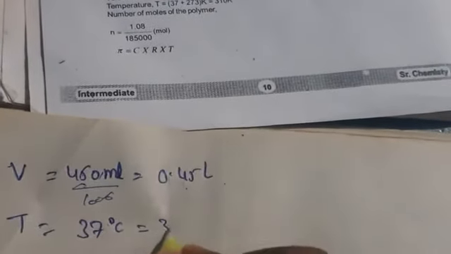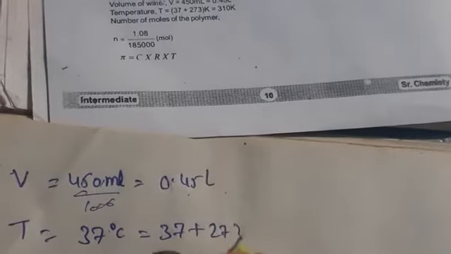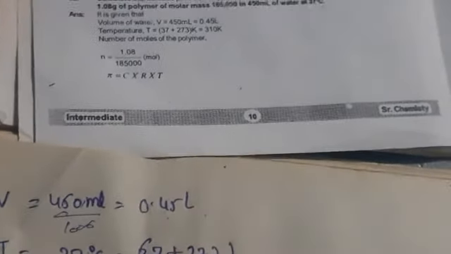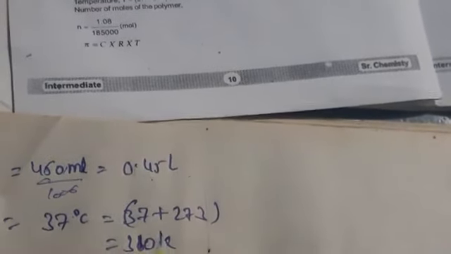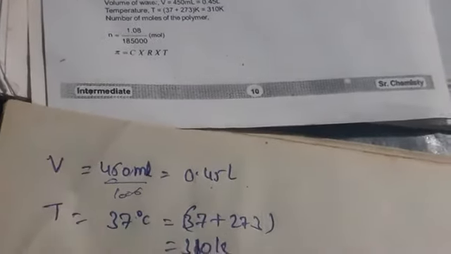Coming to temperature, how much have they given? 37 degrees centigrade. We have to write it in Kelvin: 37 plus 273, so we get 310 Kelvin. Now the molar mass of the polymer, the molecular weight, he has given.